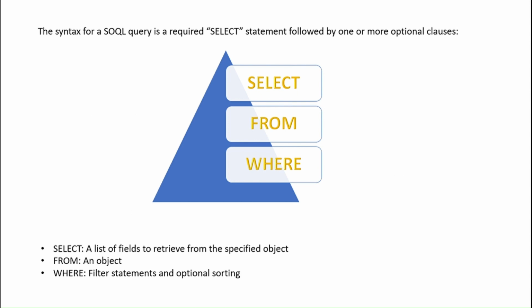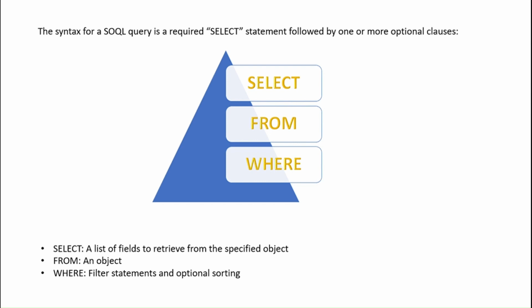Now here is some syntax of SOQL: how do we use SOQL, and which syntax do we use. This is a basic diagram for retrieving records. For a SOQL query, the required main thing is the SELECT statement, followed by one or more optional clauses. Okay, here we have SELECT, FROM and WHERE, right? So why do we use SELECT? A list of fields to retrieve from the specified object.